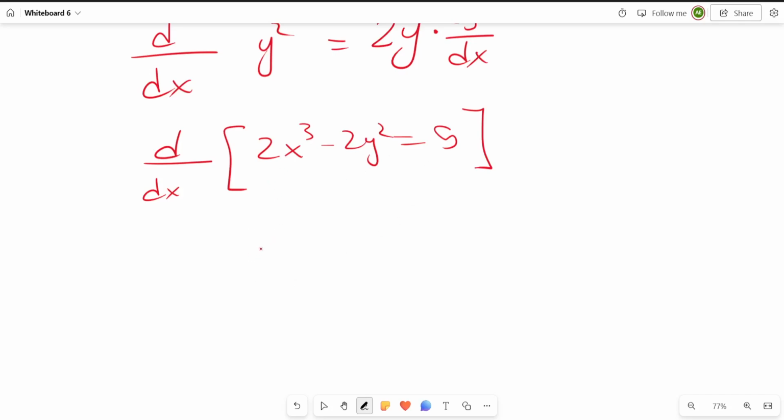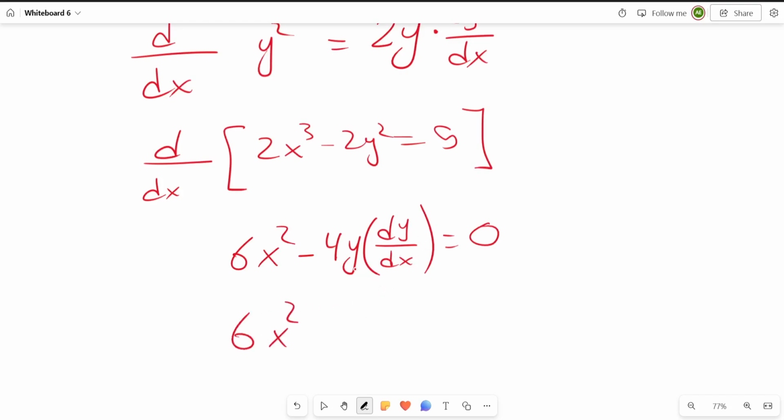So 2x cubed differentiated is going to be 6x squared minus, okay, this is a term involving y, so I will do exactly what I did in the above example. I'll differentiate it normally first, so 4y, and then I have to multiply by dy by dx, equals, what's the differentiation of 5? It's basically 0.